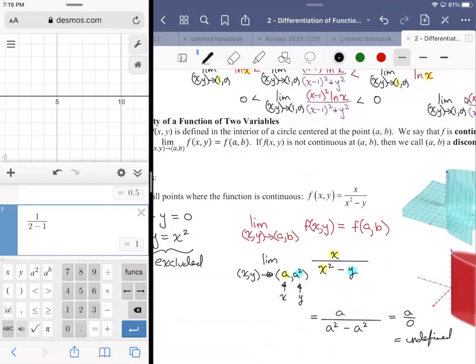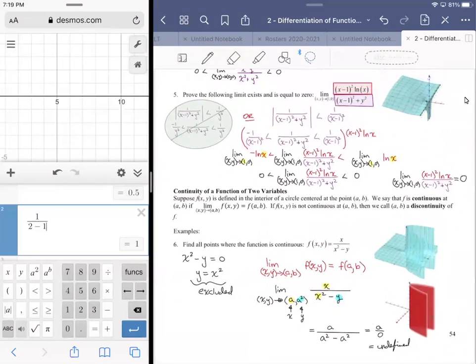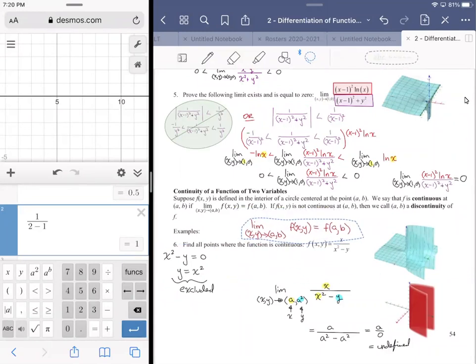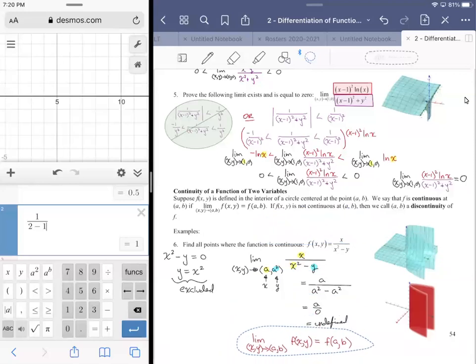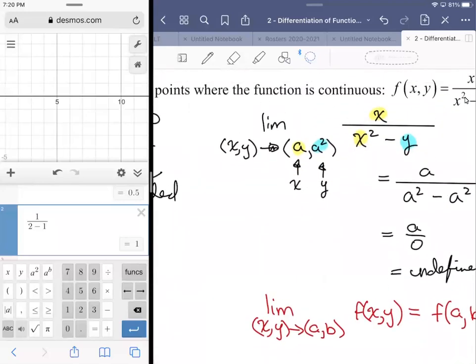So I just want to clean this up a little bit. I'll move this up here, and I'll put this down here because I want to use this. I just don't feel like rewriting it. Right.